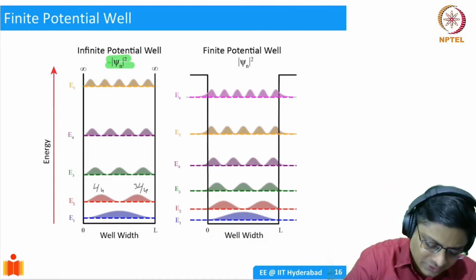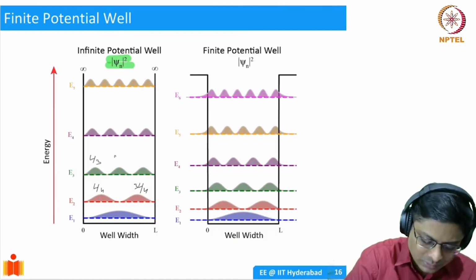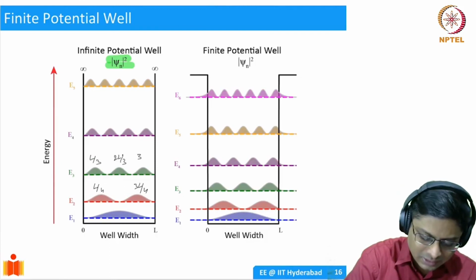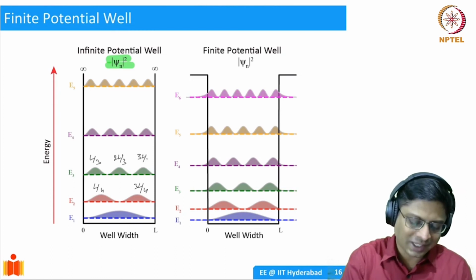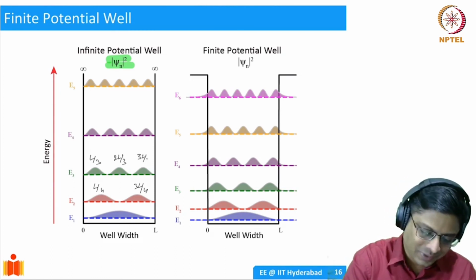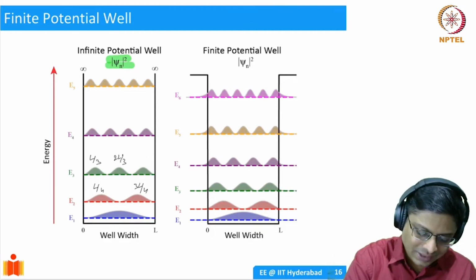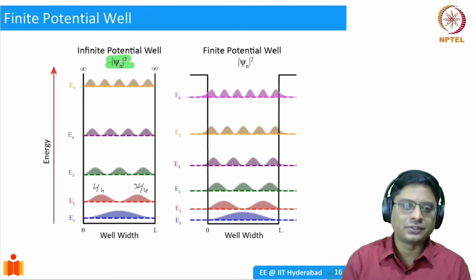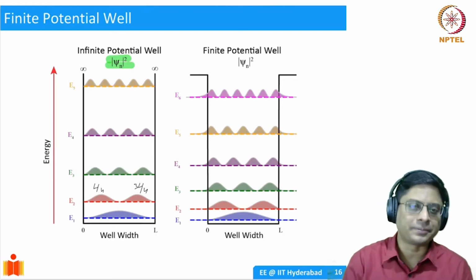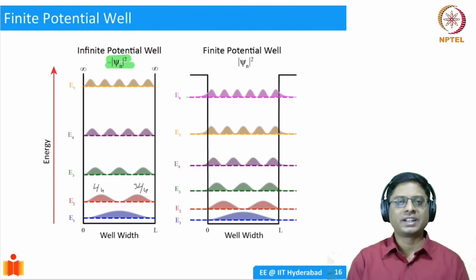And if it's at 3 locations, L by 3, 2L by 3, and so on, well, it should not be exactly that, there's a slight displacement, okay? But the point is that if you have 3 peaks, it should be the third state, and 4 peaks, the fourth state, and so on. So this is the probability of finding an electron.